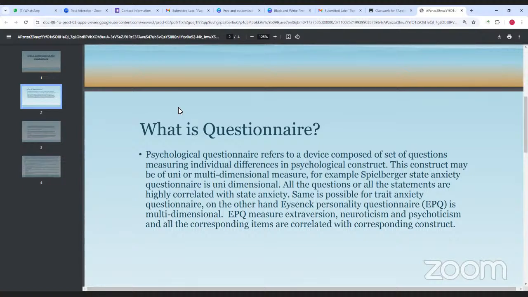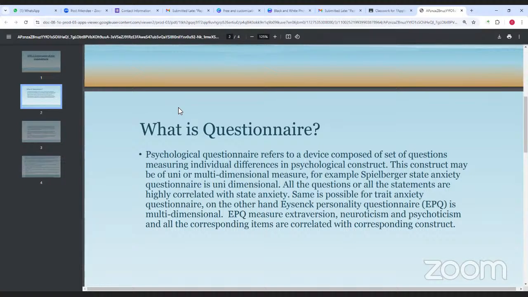On the other hand, the Eysenck Personality Questionnaire, EPQ, is multidimensional. EPQ measures extraversion, neuroticism, and psychoticism, and all the corresponding items are correlated with the corresponding construct.